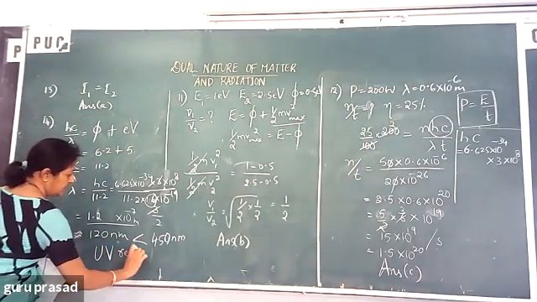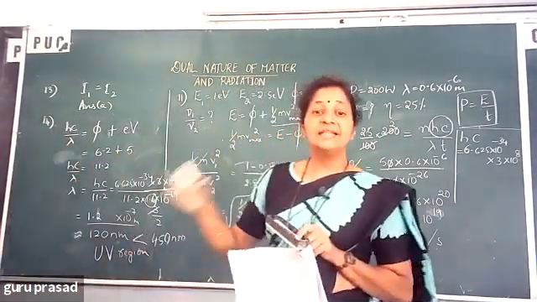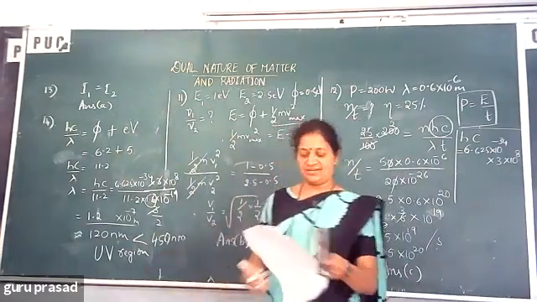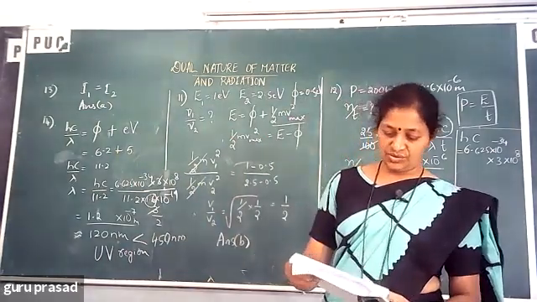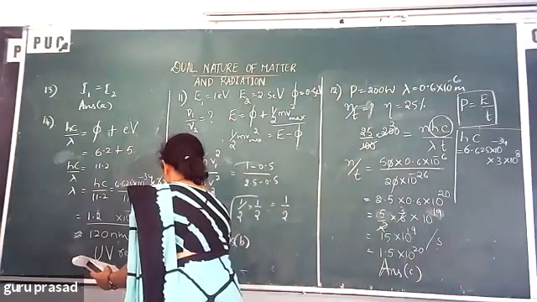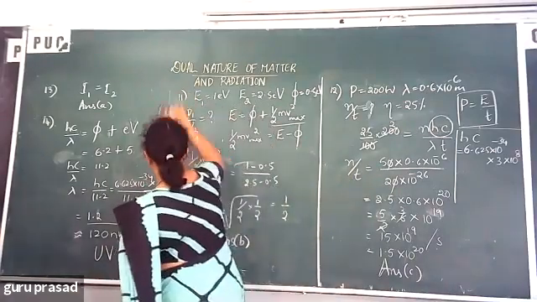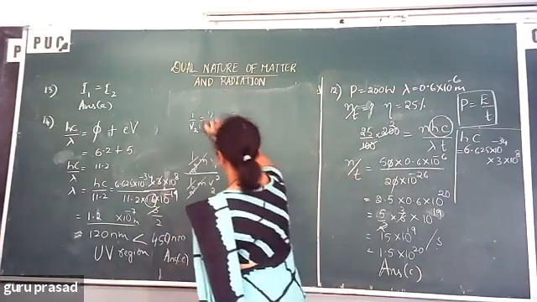You need not go for the exact wavelength here, you want the range. So it is the ultraviolet region, so it is answer C. You need not bother about the exact value of wavelength, you need the range, that's all.